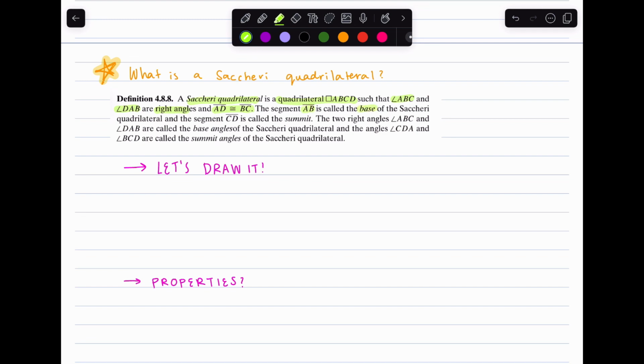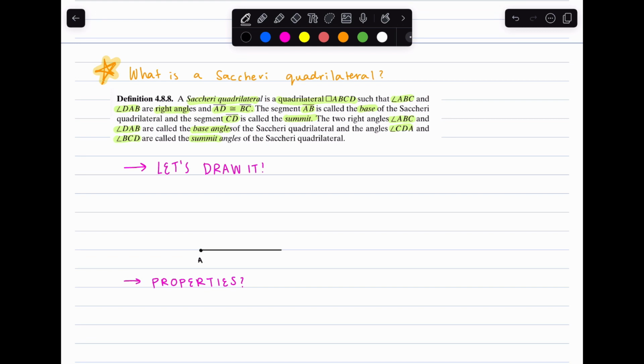The segment AB is going to be called the base of this quadrilateral, and the segment CD is going to be called the summit. Now hang with me as we get to this definition because I will be drawing it soon, and it will really clear things up. Lastly, the two right angles ABC and DAB are called the base angles, and the angles CDA and BCD are called the summit angles.